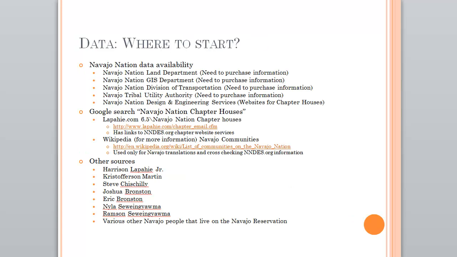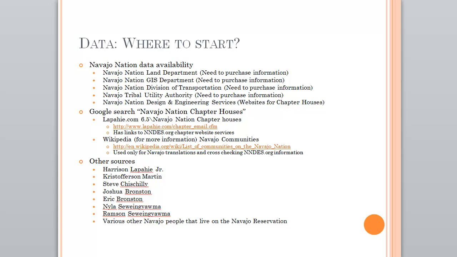So the data, where I started: first I thought maybe I just tap into the Navajo Nation as a resource. I contacted the land department, the GIS department, which are two different departments, which was kind of weird.